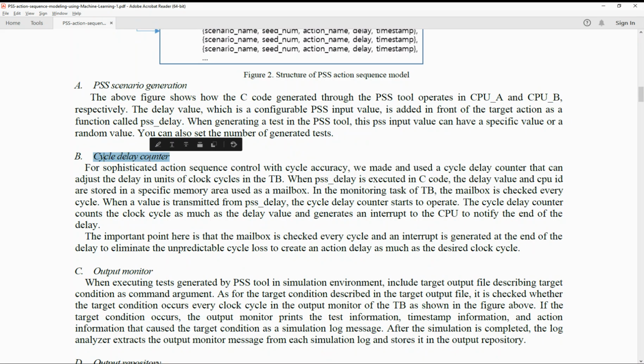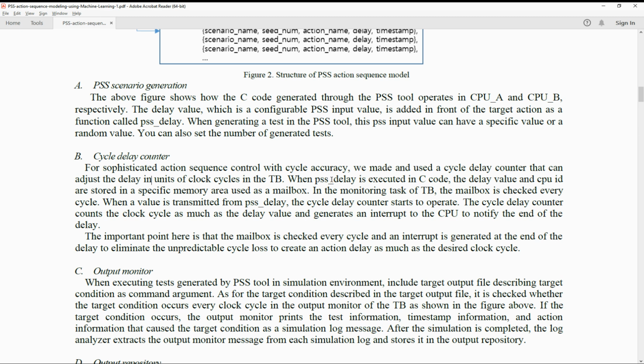The cycle delay counter. For sophisticated action sequence control with cycle accuracy, we made and used a cycle delay counter that can adjust the delay in units of clock cycles in the TB.